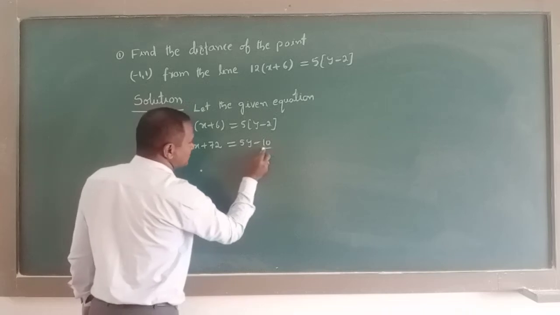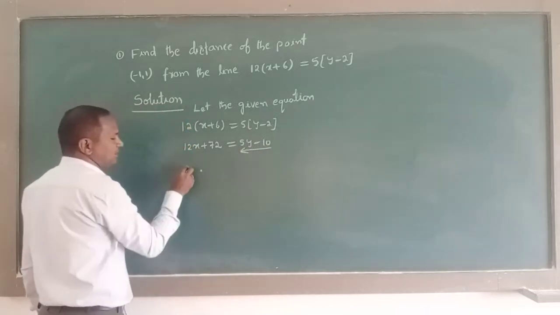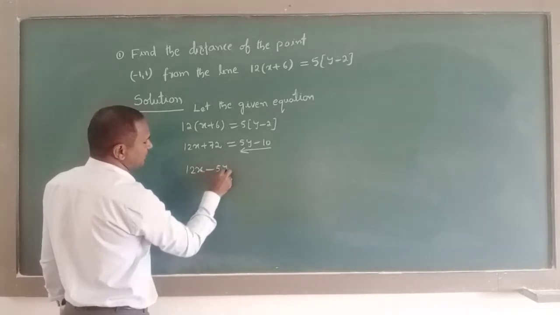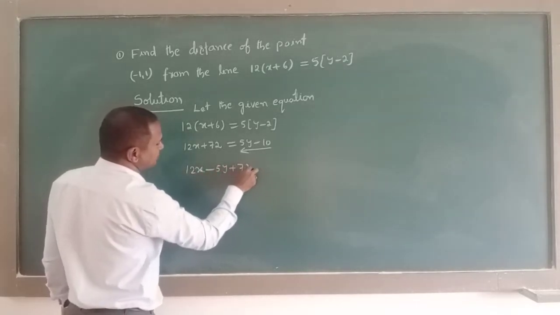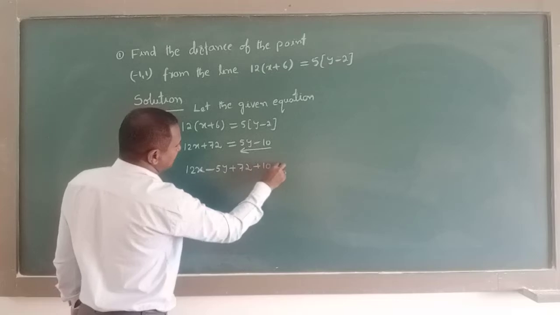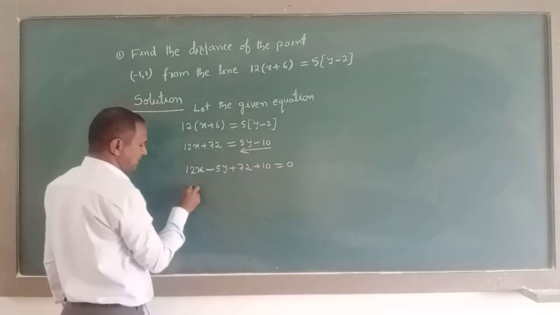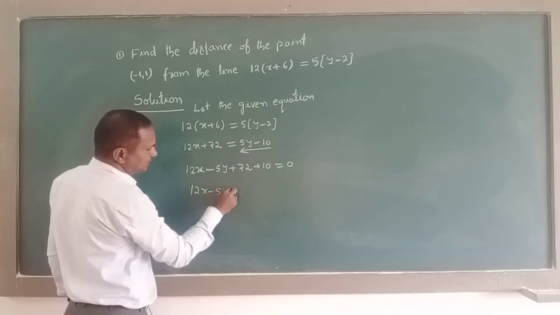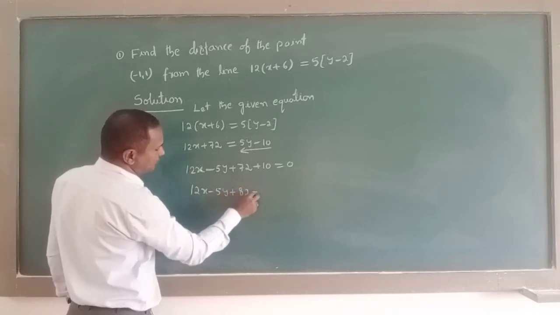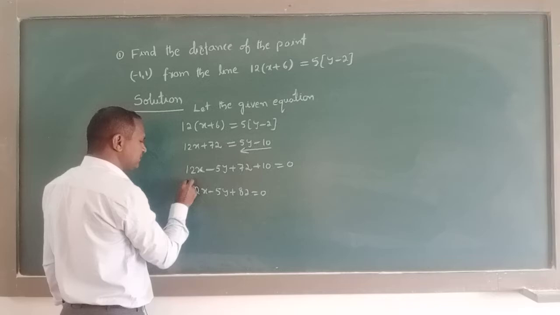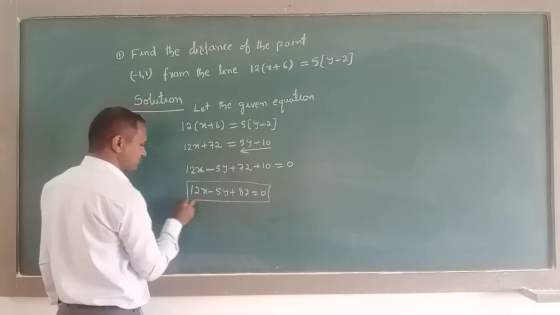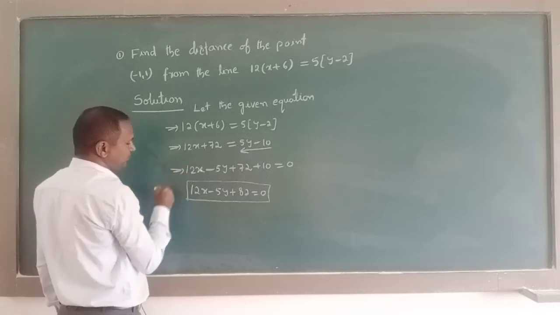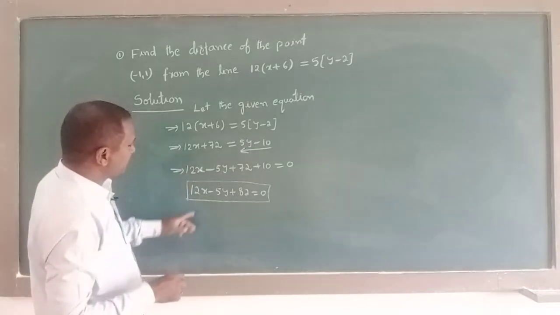Sending these to this side, they become negative here. 12x minus 5y plus 72 plus 10 is equal to 0. That is 12x minus 5y plus 82 is equal to 0. We got the required equation of the line. They did not give the equation directly; on simplification we got this.